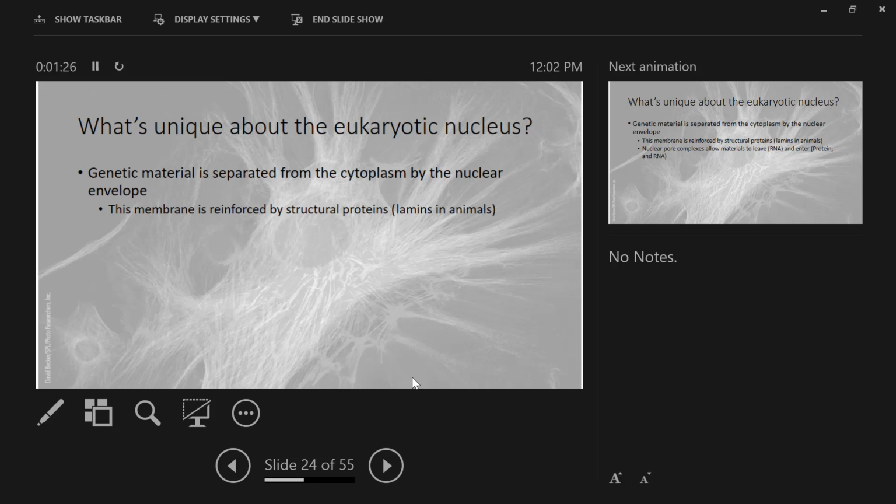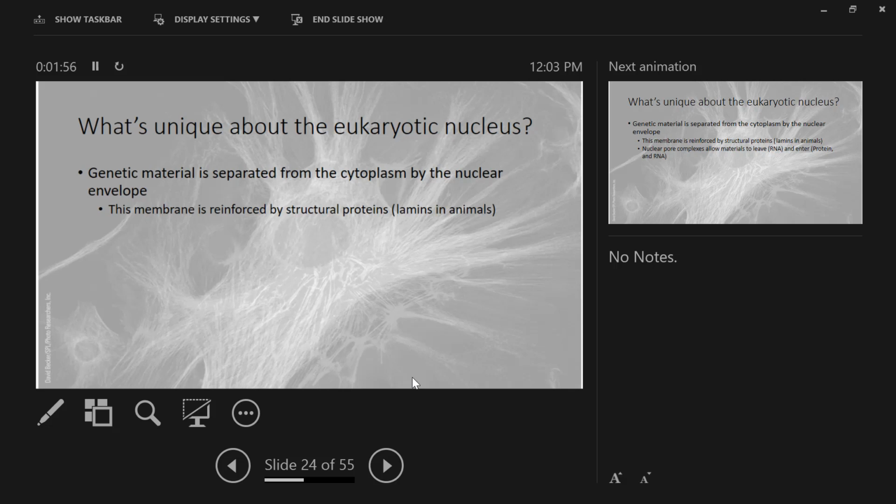But another benefit is that it makes it really hard to get access to the genetic material, which actually lowers mutation rates in eukaryotic cells. So mutation rates in eukaryotic cells are lower than mutation rates in prokaryotic cells.